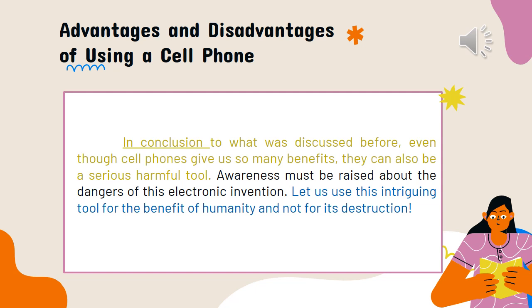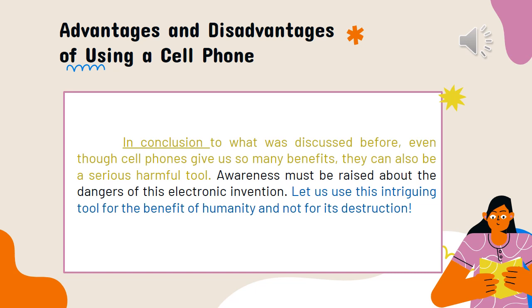This is another way of saying that cell phones have advantages and disadvantages. Cell phones can give us many benefits and can be a serious harmful tool. And then I say awareness. So I'm giving an advice here.